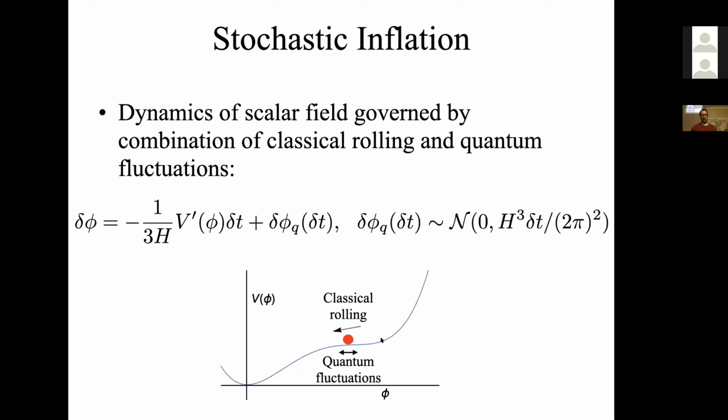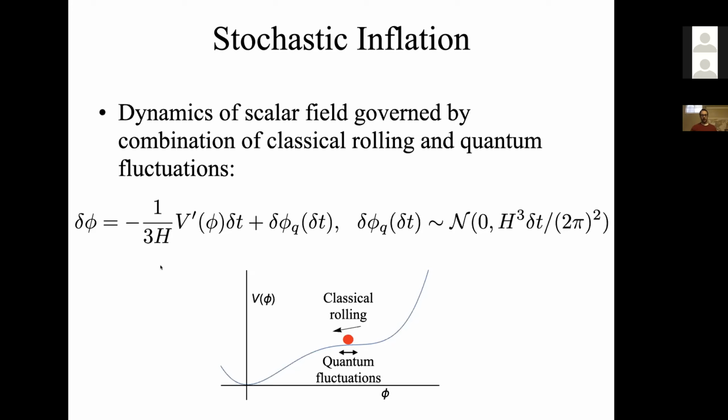So what this means is that the dynamics of this scalar field are going to be governed by two effects. First of all, you have the classical rolling. The field rolls down the hill via a gradient descent. But also there are these quantum fluctuations, which are Gaussian distributed. They have mean 0, so they have equal probability of pushing you down the hill or up the hill, and they have a variance given by this expression here.